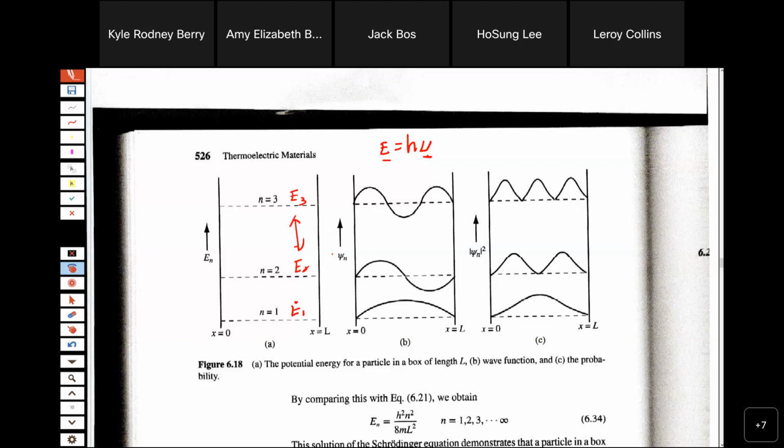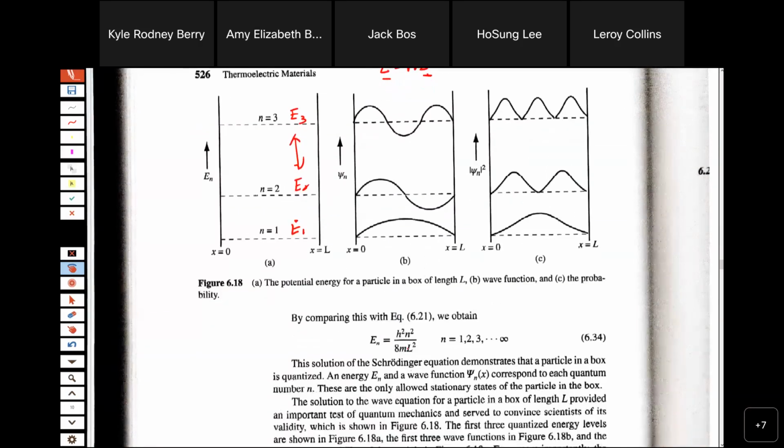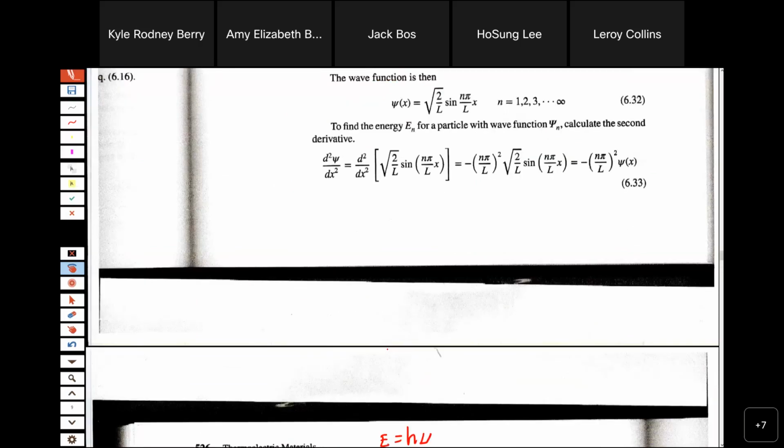There is no way we can describe it. This is the smallest energy. That's so weird. We calculate the number n, and the energy is just n equals 1, 2, 3. That's the energy, as we understand it.